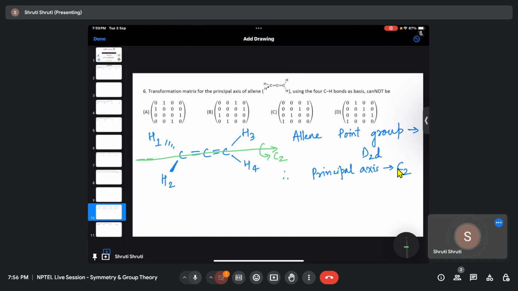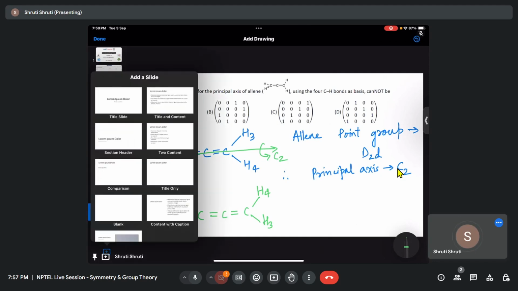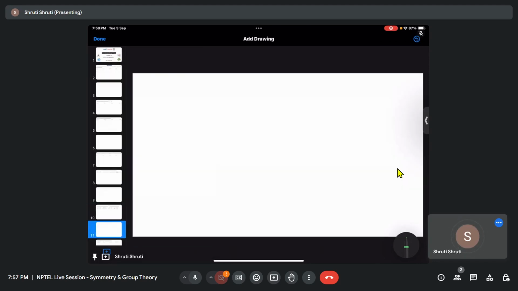What it will do is exchange H2 and H1, H4 and H3.